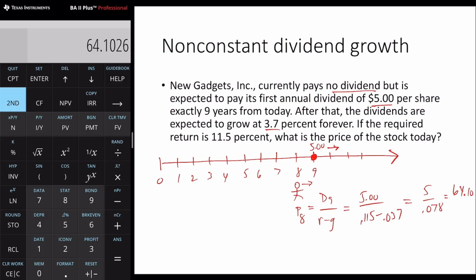So how do we take that and figure out what the price is at time 0? Well, we go back to our basic time value of money. We take this $64.10 and we divide it by 1 plus the discount rate, to the power of the number of years that we're discounting. In this case, we're standing at time 8, so we need to go back 1, 2, 3, 4, 5, 6, 7, 8.